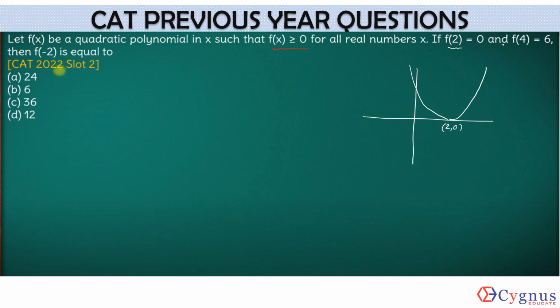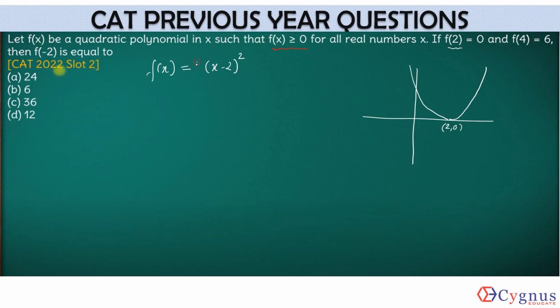Fine. Now, what else is given? So, can you write the equation of this graph? We know that it's a parabola, and when you put x equal to 2, the answer becomes 0. So, can we say the equation would be f of x is equal to (x minus 2) whole square? Now, look at this. When you put x equal to 2 here, 2 minus 2 becomes 0, and 0 squared is 0.